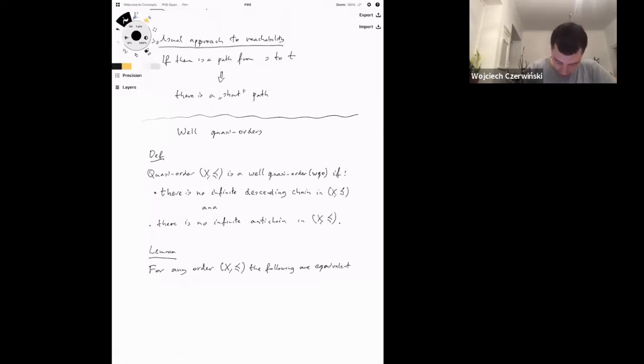First condition is the definition: no infinite descending chain, no infinite anti-chain.